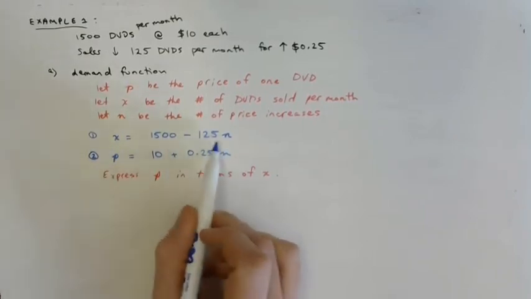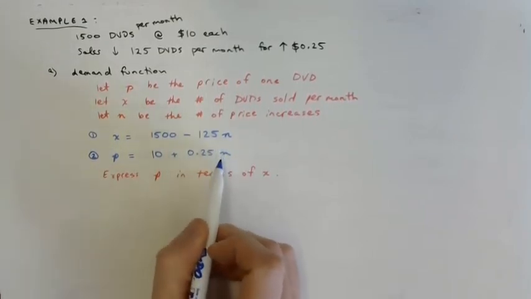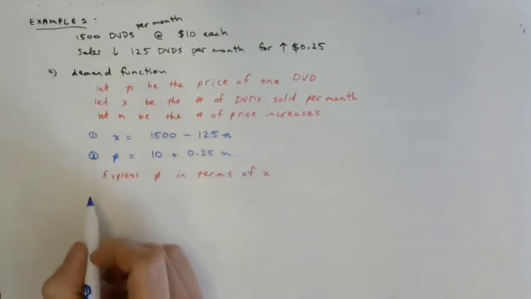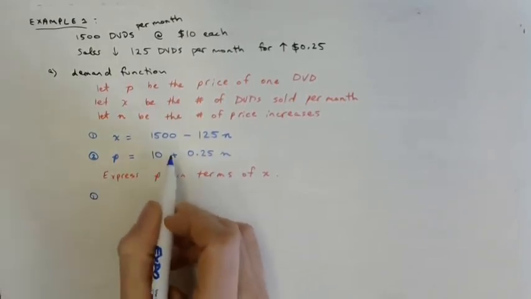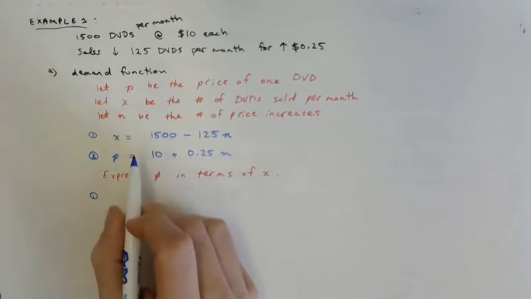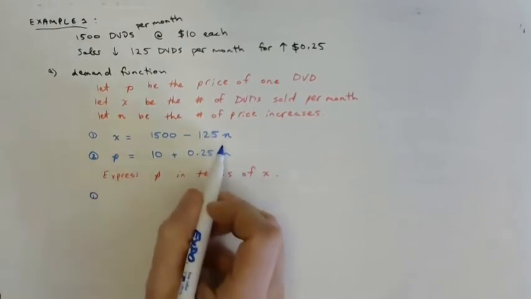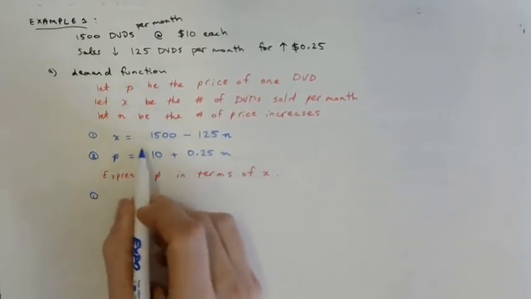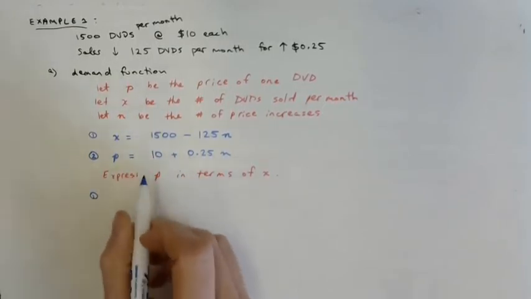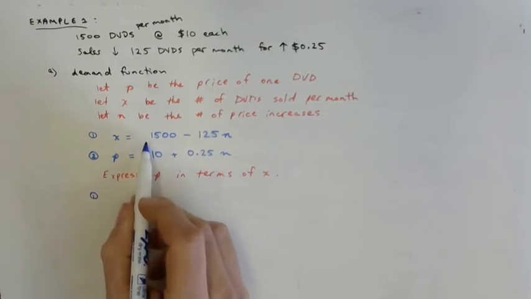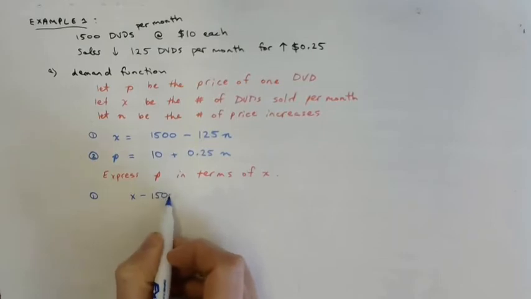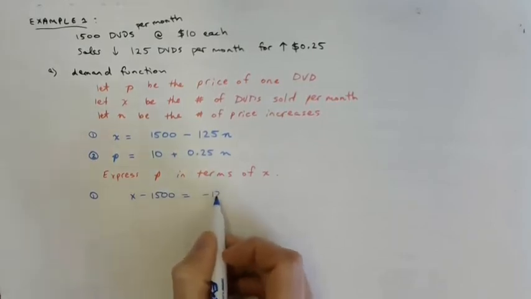So we need to rearrange equation 1 so that we can then sub that in for n in equation 2. So in equation 1, we need to express n in terms of x, which basically means that we're going to isolate n by adding and subtracting, multiplying and dividing things. So first thing we're going to do is subtract 1500 from both sides. So we end up with x minus 1500 equals negative 125n.